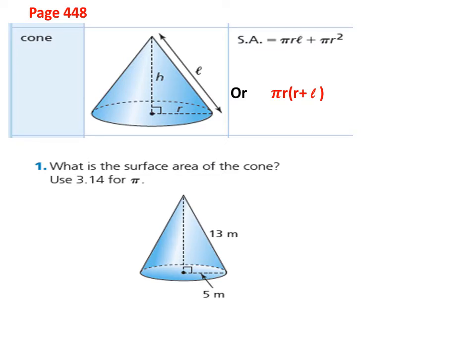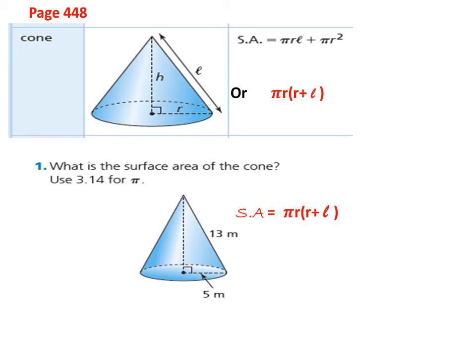Now, question 1. What is the surface area of this cone? Use 3.14 for pi. Here, in this cone, the radius of the base is 5 meters and the slant height is 13 meters. Write the formula. The surface area equals pi r multiplied by r plus l.